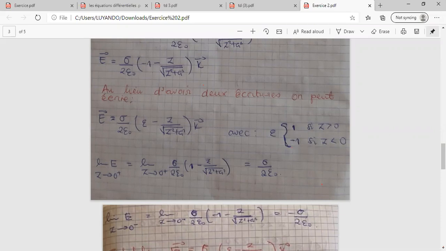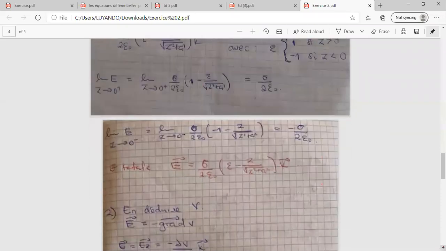So our whole expression, they minimized it down to the total field for z greater than 0 and z less than 0, which is our constant sigma over 2 epsilon 0 times e times a z-dependent term, what we have here. This e is for both z less than 0 and z greater than 0.